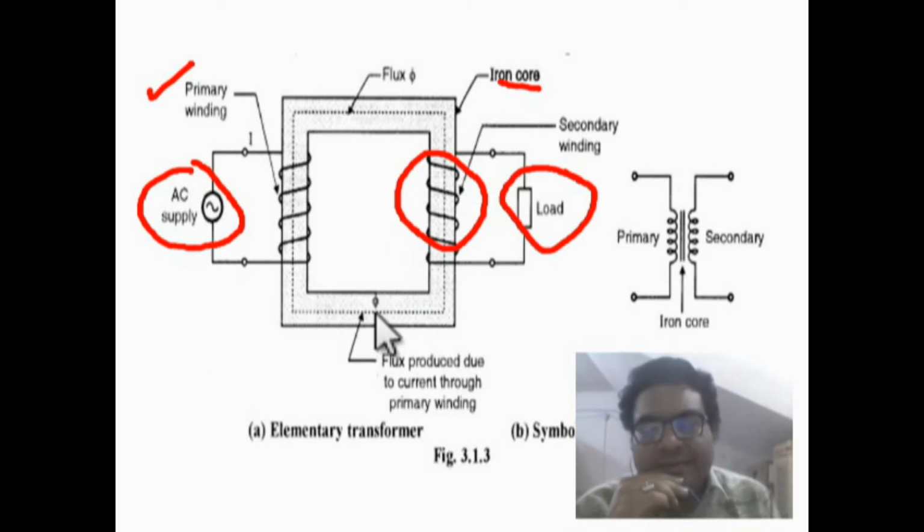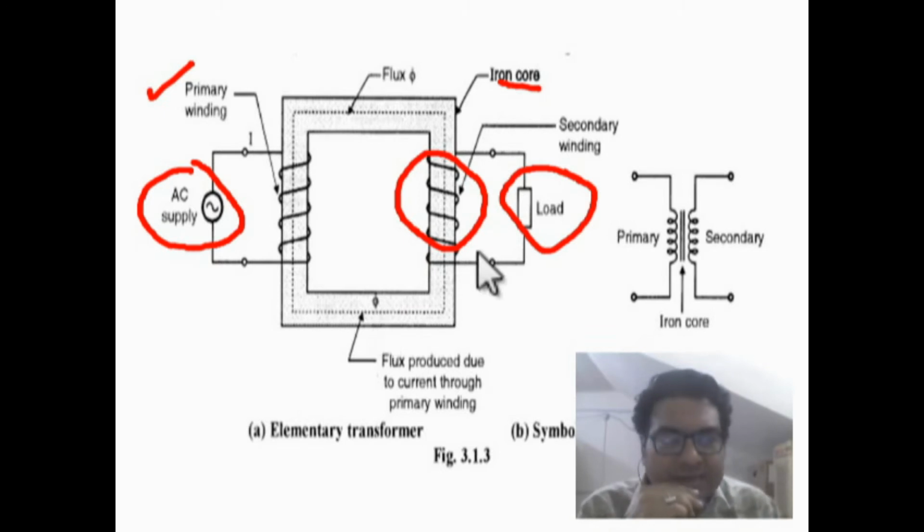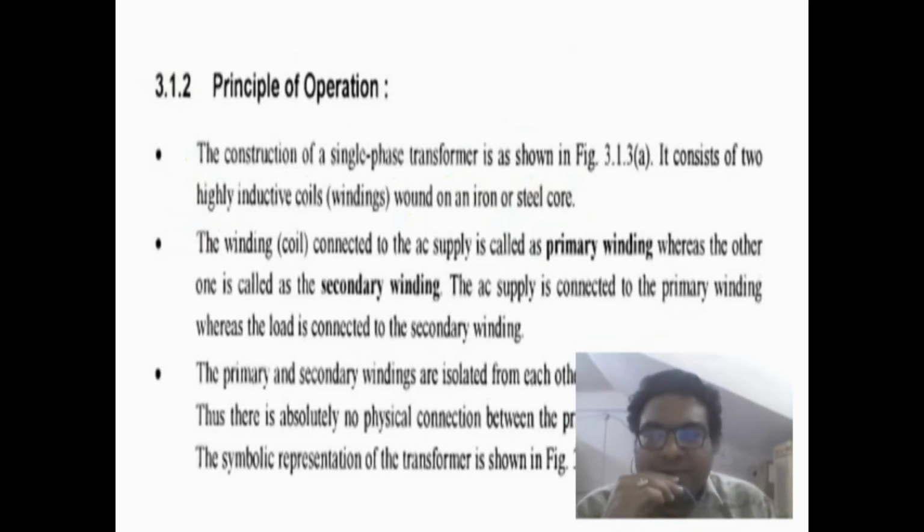So guys, we will discuss the working principle of the transformer. First, this is the principle of operation of the transformer. The construction of a single phase transformer is as shown. It consists of two highly inductive coils or windings wound on an iron or steel core.